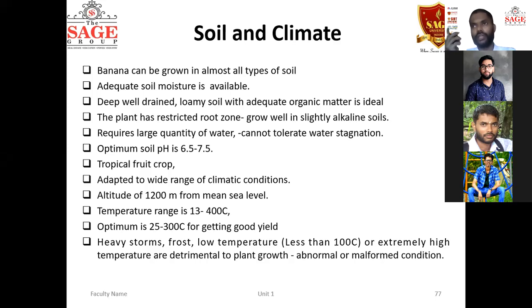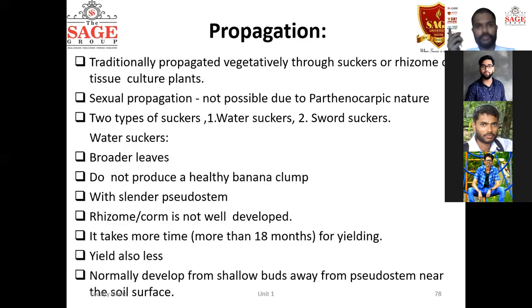In temperate regions, banana cultivation is very limited or almost not successful. It is confined to tropical areas, and can extend up to subtropical also, but not to temperate. It is basically a tropical fruit crop.